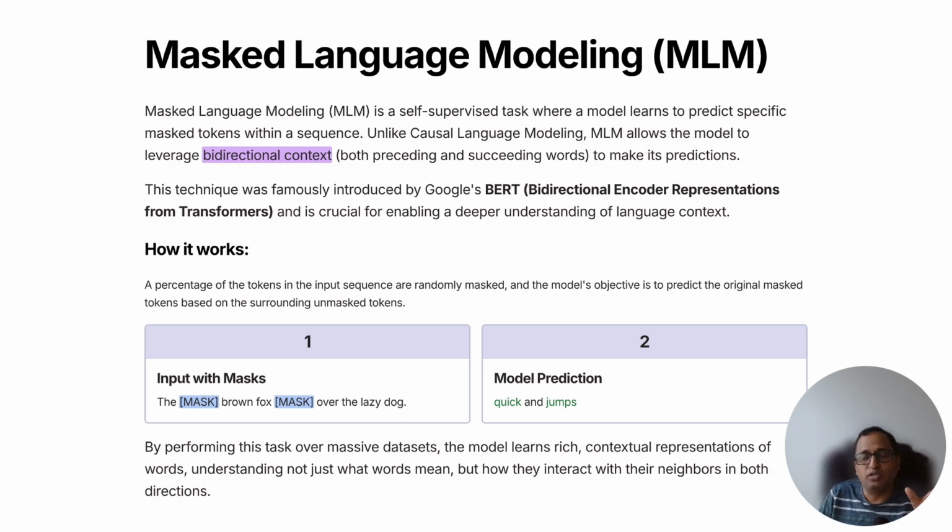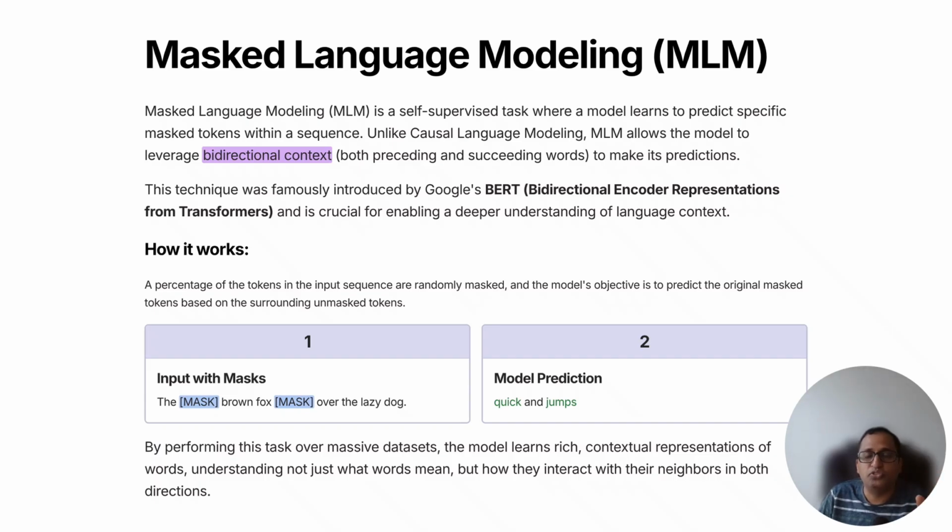Now the model's job is to fill the blanks. Using surrounding words, it learns to predict the words quick and jumps. The model is not just looking left to right. It is using context from both directions to make predictions. That's what makes MLM great for tasks like sentence understanding, classification, and sometimes question answering.